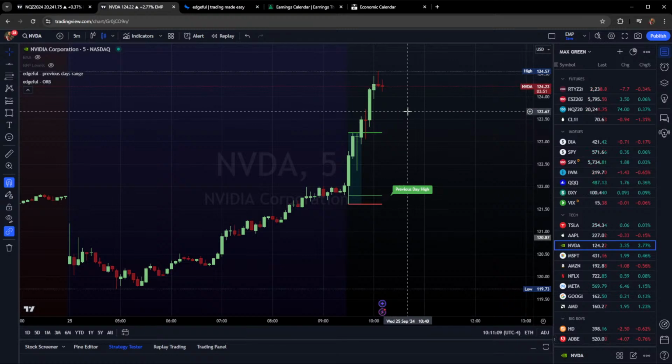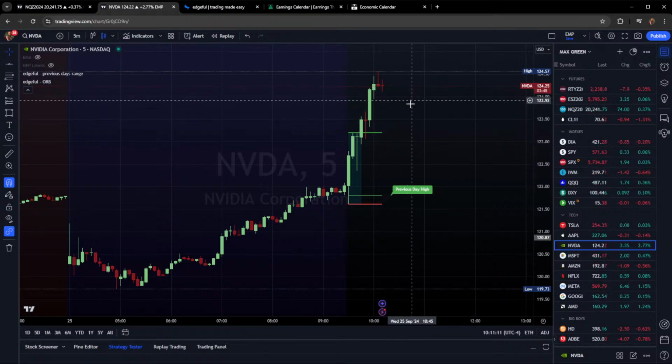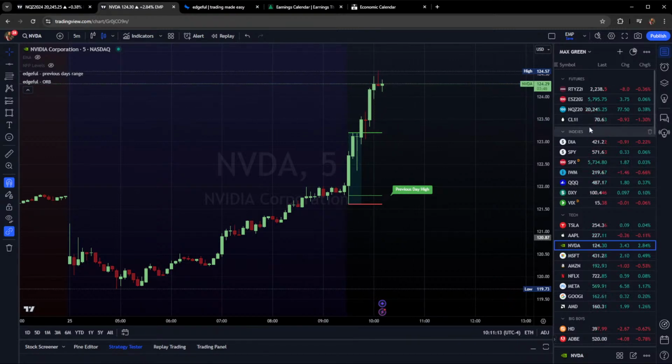Maybe a shooting star on NVIDIA to come back down and fill this little gap right here? Maybe we get that.